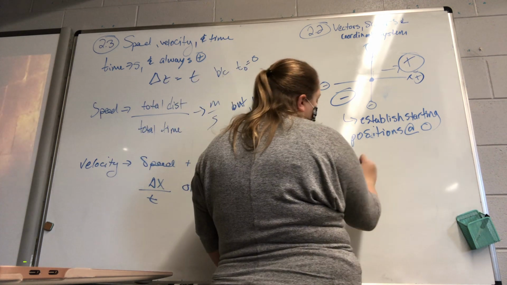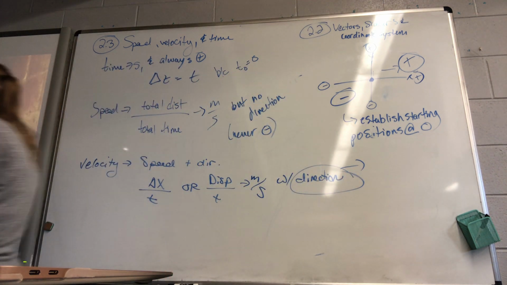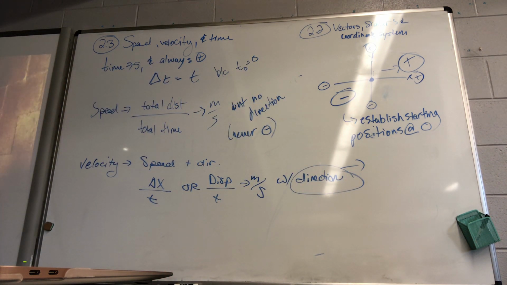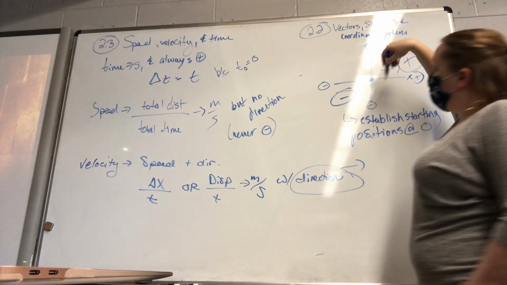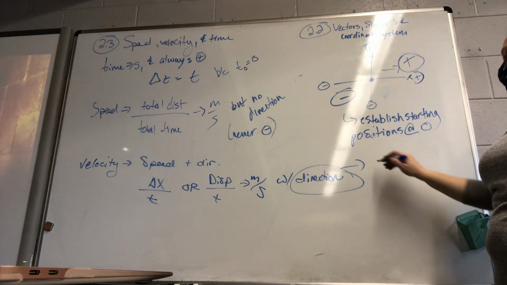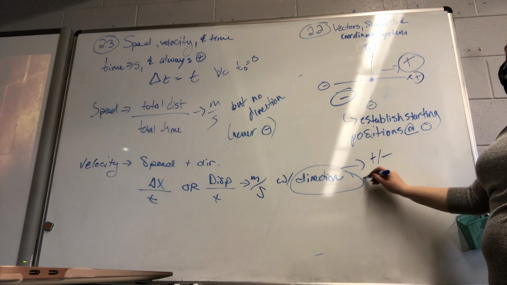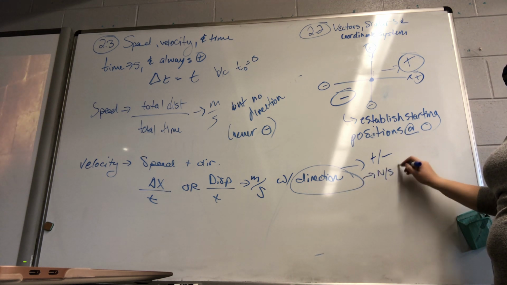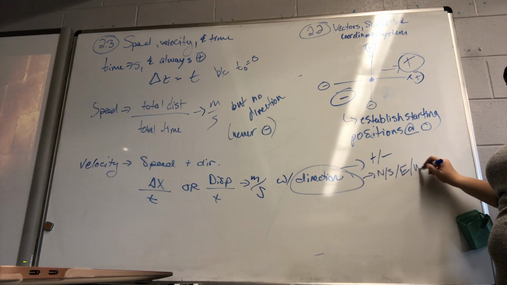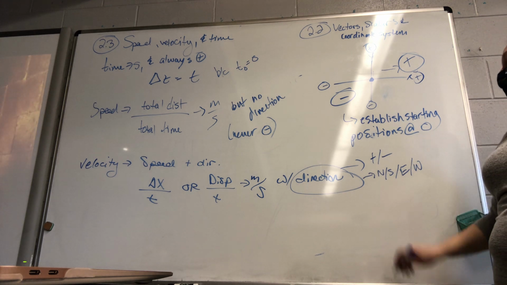And here's where we talk a little bit about the types of directions that we can use in physics. Direction can be as simple as positive, negative. As we said in our coordinate system, if we're going to the right, direction is positive. Direction can be north, south, east, west.